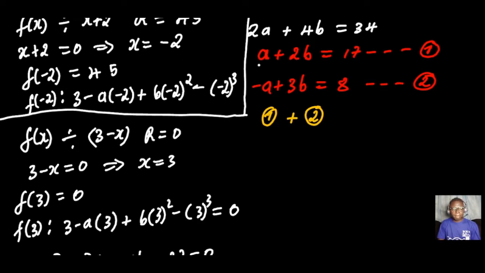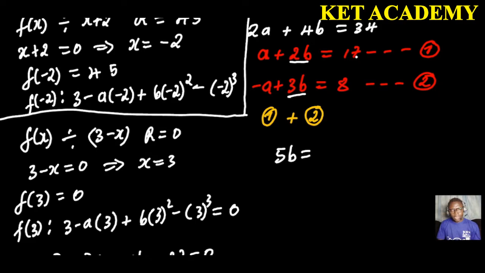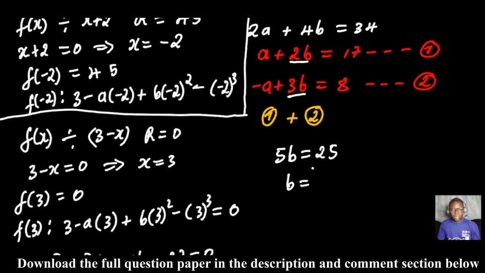We notice that a is going to cancel out. So we're left with 2b plus 3b, which gives us 5b equal to 17 plus 8, which is 25. Therefore, our b is going to be 5.